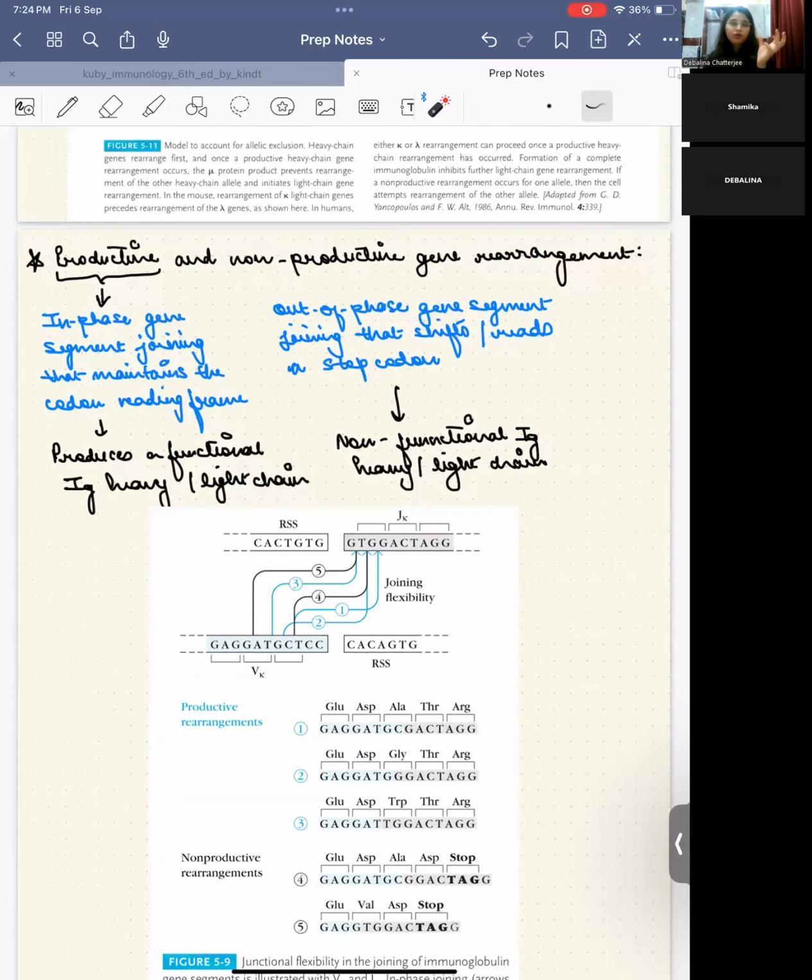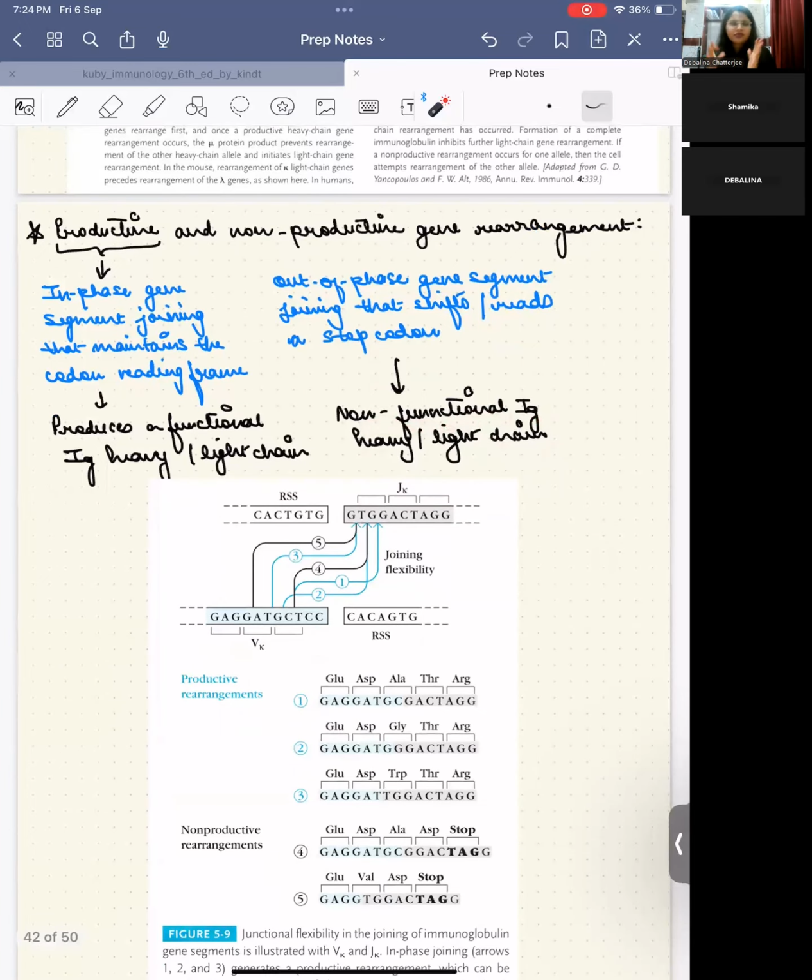But if it is out of phase, it shifts such that we do not have the particular codon coding for any amino acids, or the amino acids that have now formed because of the shift are not forming a functional heavy or light chain. So that is known as out of phase rearrangement, and this is going to form a non-functional immunoglobulin heavy or light chain. So this is the basis for productive and non-productive gene rearrangement.